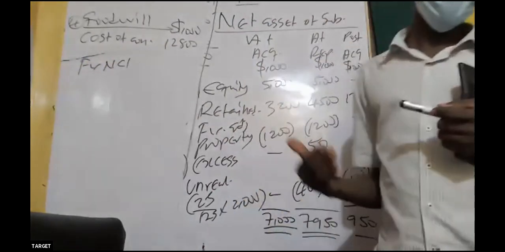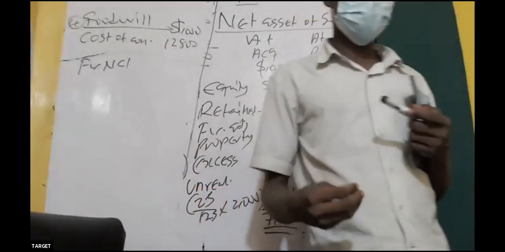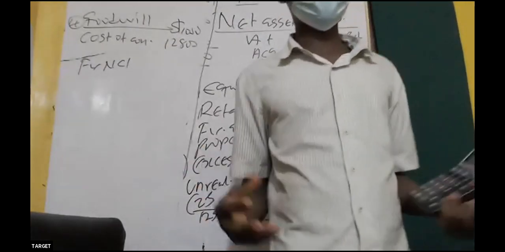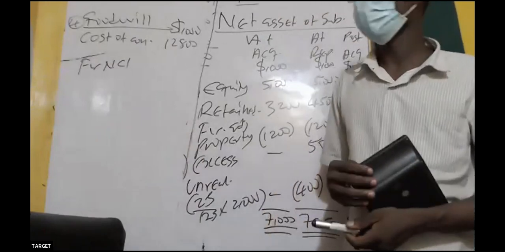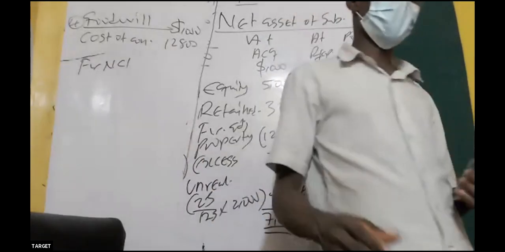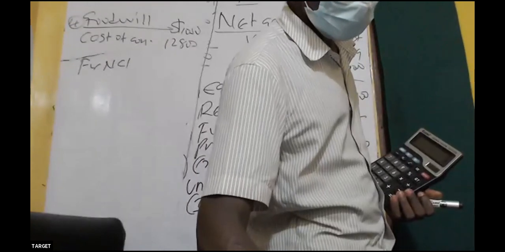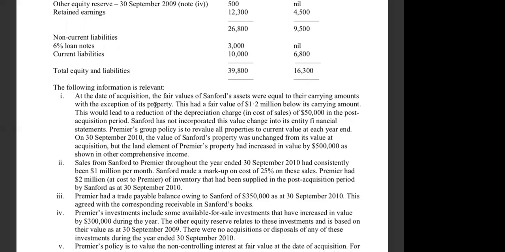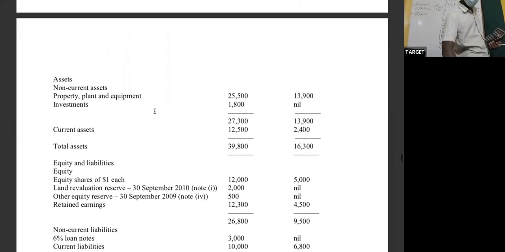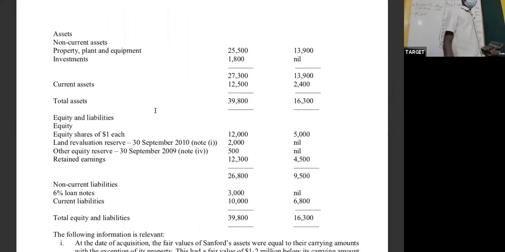The fair value of the NCI at acquisition will be computed using the number of shares held by the NCI. The parent acquired 80% of 5,000. So NCI will have 20% of 5,000. That will be 1,000. So the number of shares held by the NCI is 1,000.